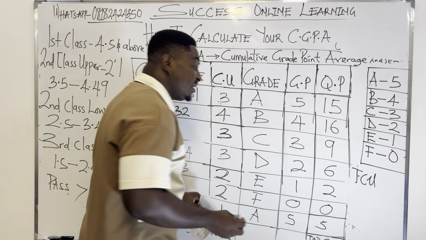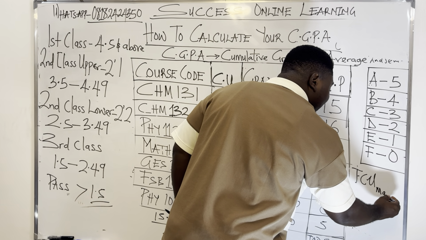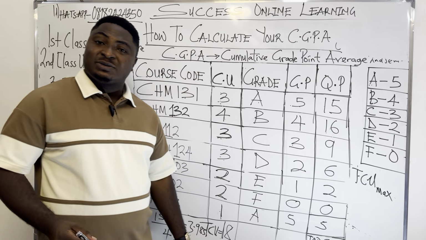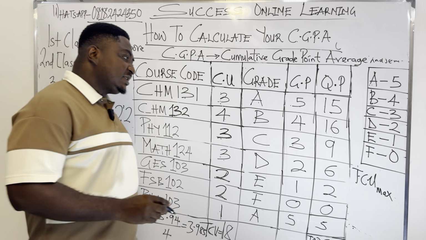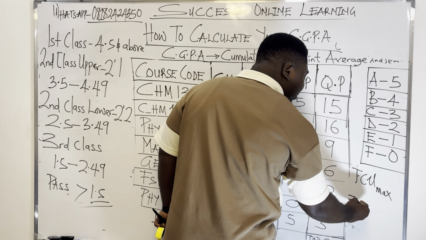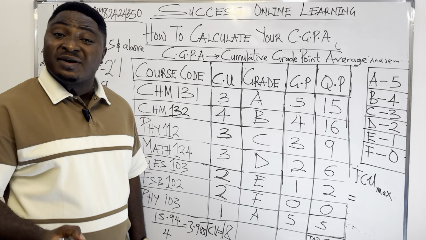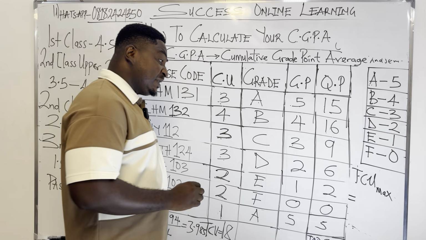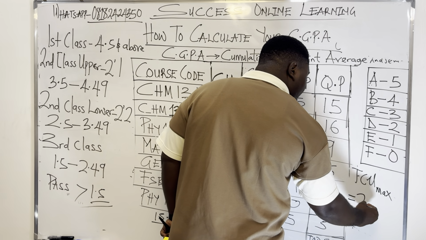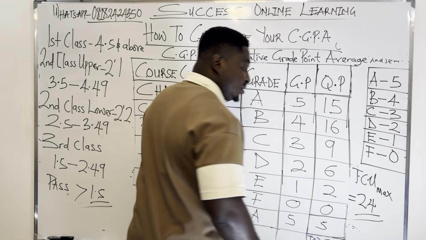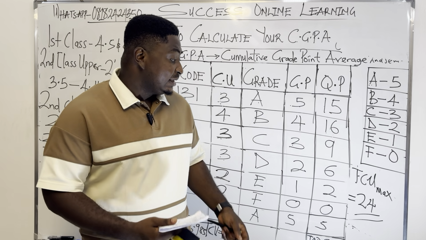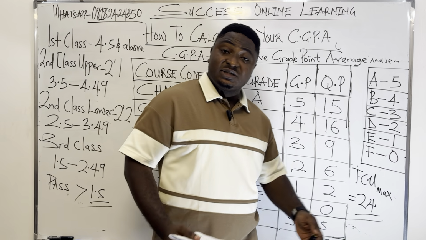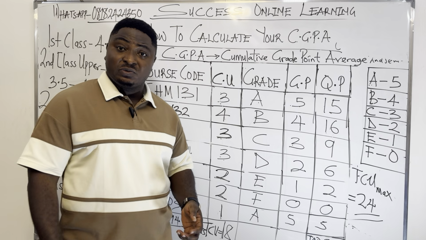The maximum total credit unit, we call it TCU max. What is TCU max? TCU max is the maximum total credit unit that can be registered by a student in a particular semester, and that is 24. In the university system, a student is not allowed to register more than 24 credit units, so you don't have overload. It's what we call course overload.